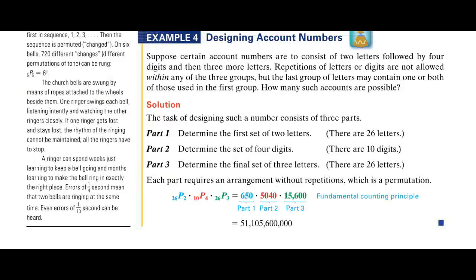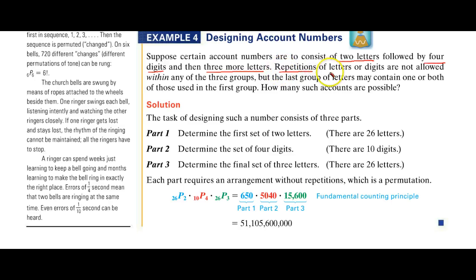Now in example 4, this takes very careful reading and lots of things going on. So you have an account that's going to consist of 2 letters followed by 4 digits and then 3 more letters.